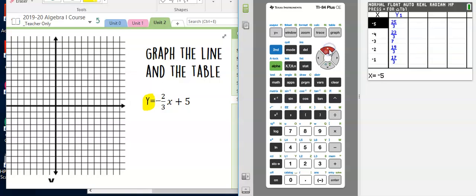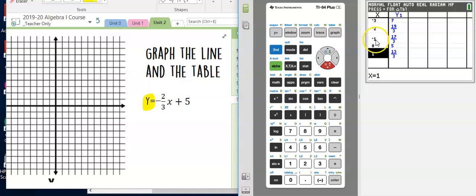There's lots of values in this table. The key is finding nice points to plot. Now, what makes a point nice or not? Well, if you look here, -1 is a pretty easy number to find. 17/3 is somewhat challenging though.